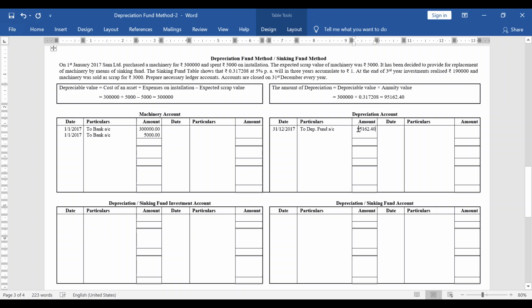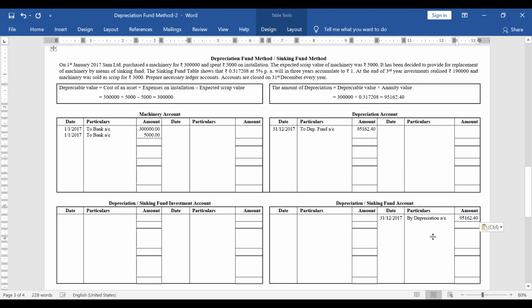Since it is a decimal figure, it's advisable to take up to 2 digits. So when the same transaction is recorded in the depreciation fund account, it is by depreciation and the amount is 95,162.40.